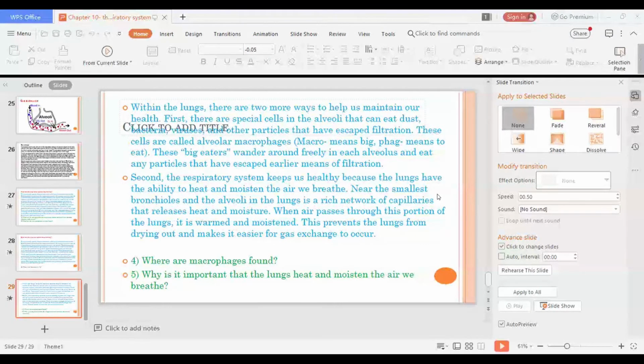Remember to pay attention to the keywords. In number 4, the keyword is macrophages, right? In question number 5, the keywords are why, important, lungs, heat, moisten, air, breathe, right?